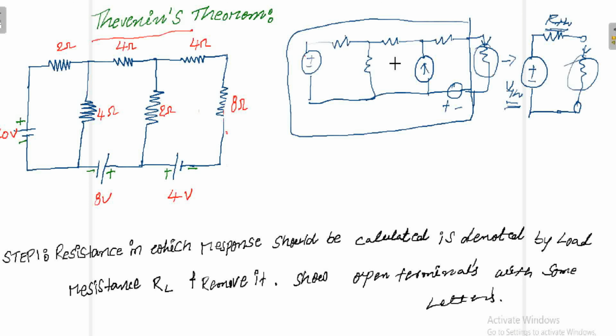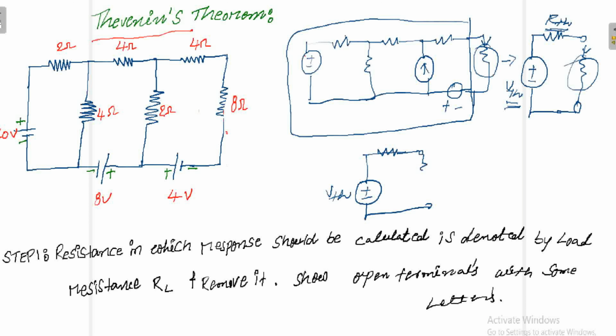So, if this total circuit is replaced with one voltage source VTH and one resistor RTH, here you can connect any load.